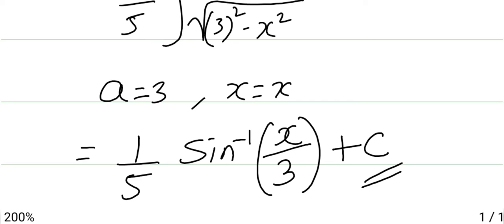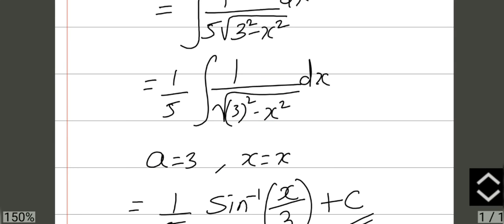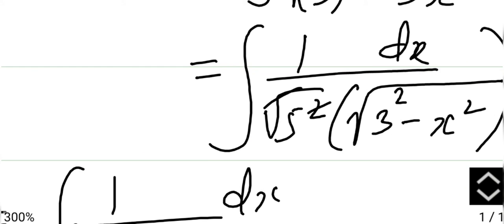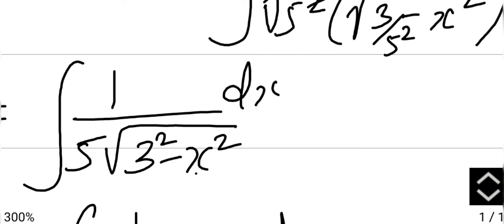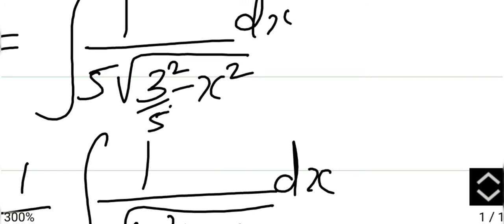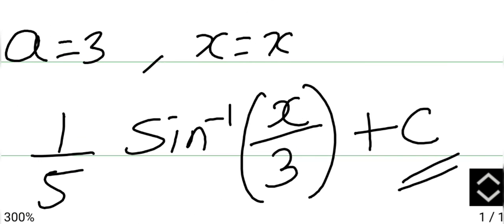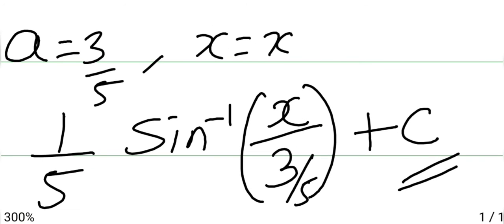So what is a here? When I am taking 5 as constant, I have to divide by 5 square. It will be divided by 5 square, so 3 by 5 square root, that will be a is 3 by 5. Why had I divided by 5?